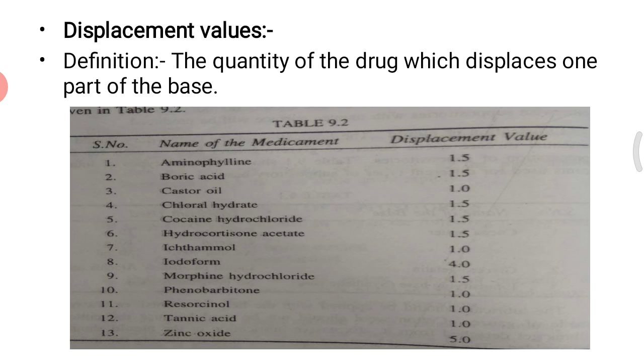For this purpose, the displacement value of the medicament is taken into consideration. Displacement value is the quantity of the drug which displaces one part of the base. The displacement values of some medicaments used in suppositories with reference to cocoa butter are shown on the slide.